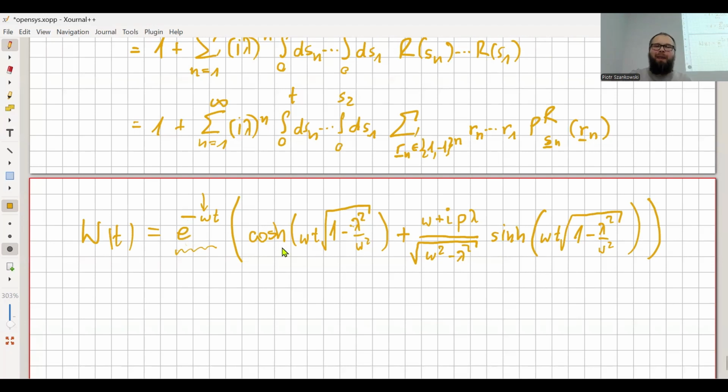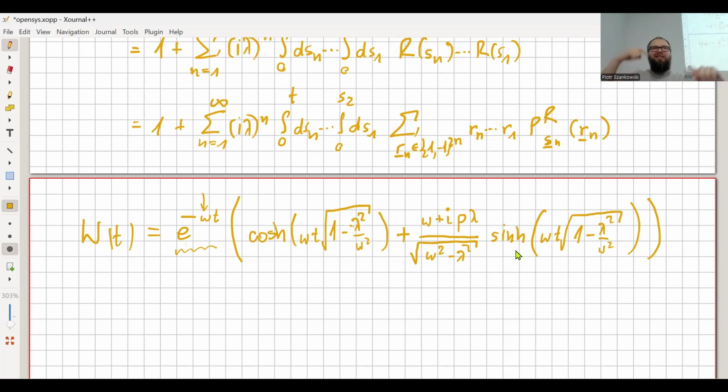But now, if lambda is larger than the rate, this is bigger than 1. And then you get a negative number. You take the square root, so it turns imaginary, this frequency turns into an imaginary number, which then transforms hyperbolic cosine into just trigonometric cosine, and the same for trigonometric sine.